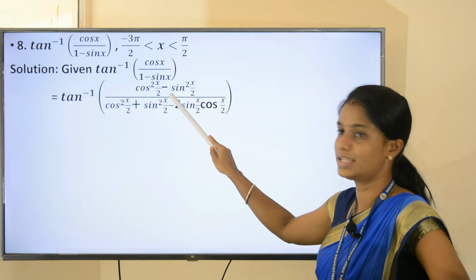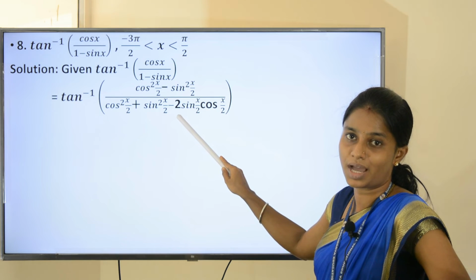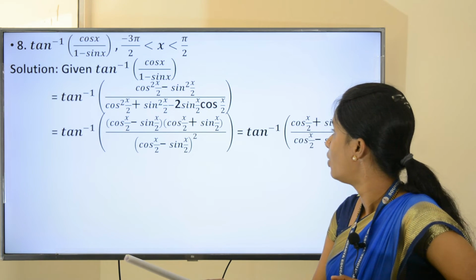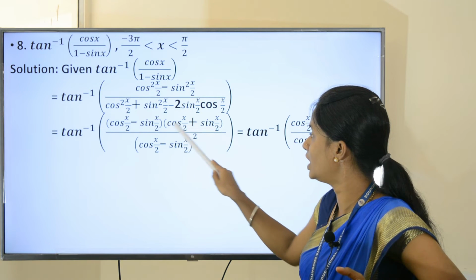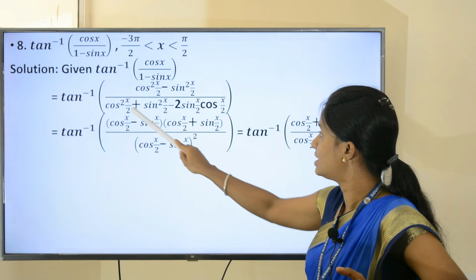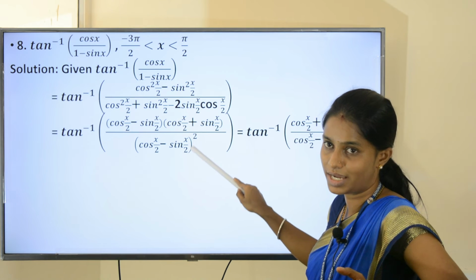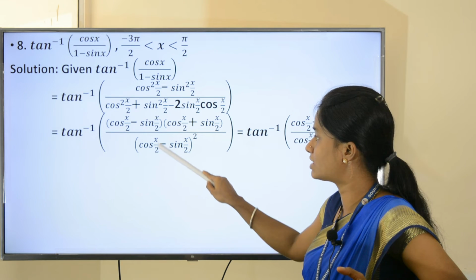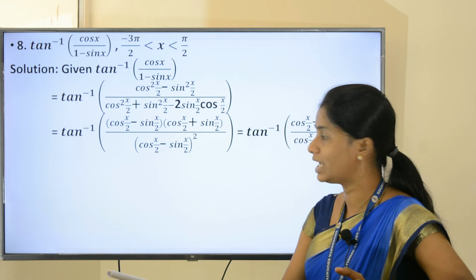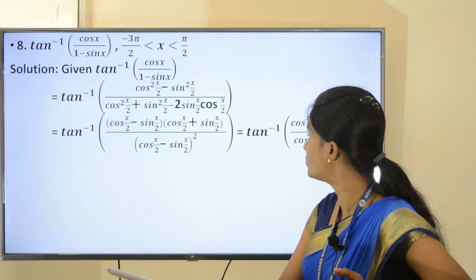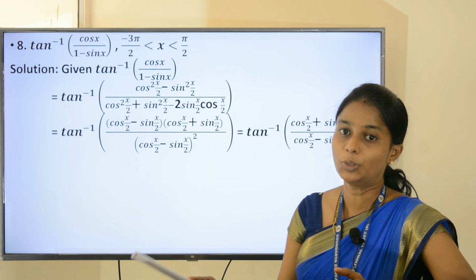For the numerator a square minus b square is a minus b into a plus b, and for the denominator a square plus b square minus 2ab can be written as a minus b whole square, that is cos x by 2 minus sin x by 2 whole square. Terms may get cancelled, isn't it, students? Yes, terms will get cancelled. That is, the cos x by 2 minus sin x by 2 term will get cancelled.